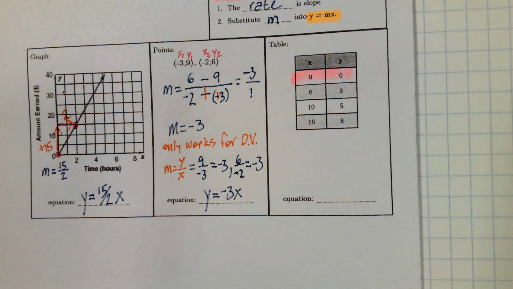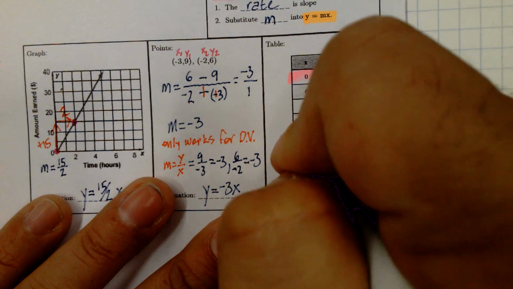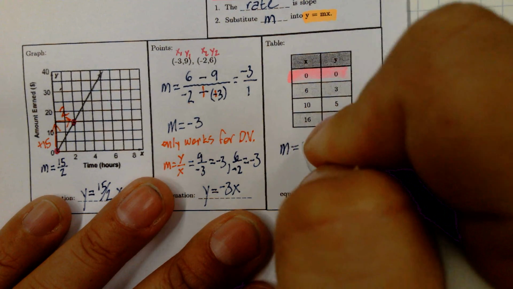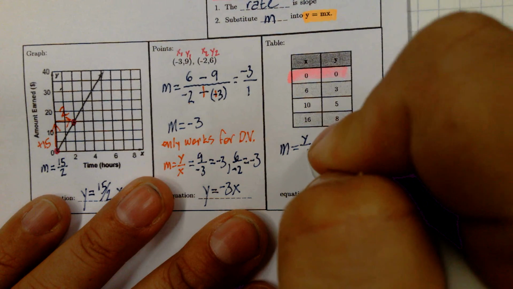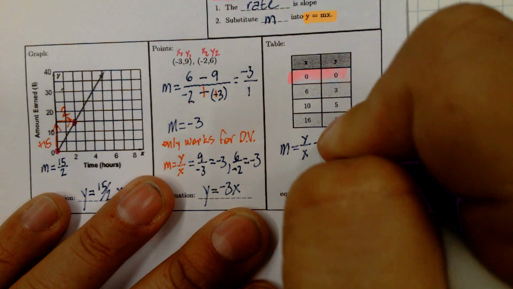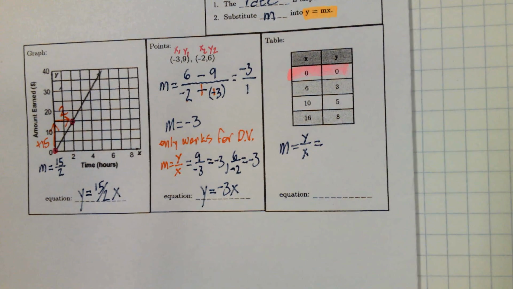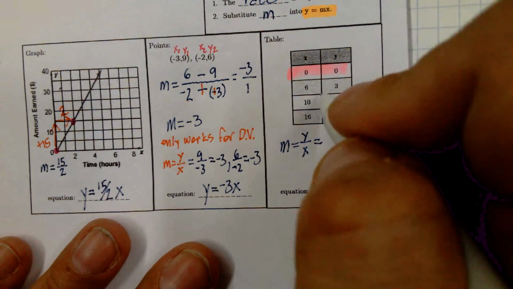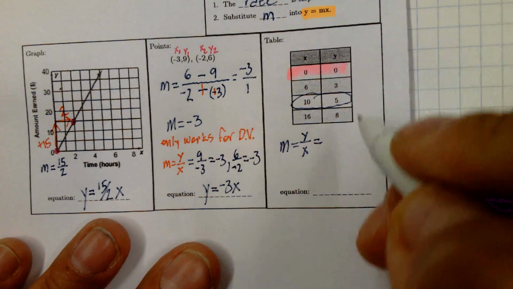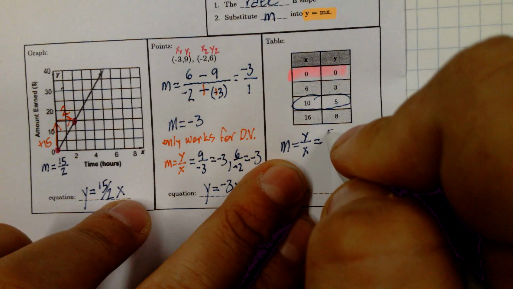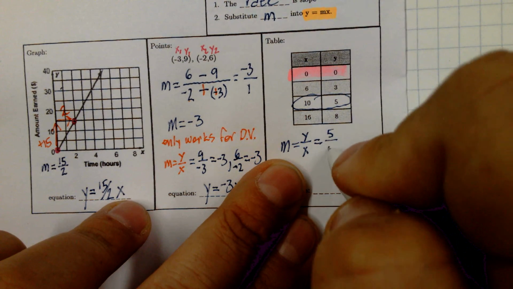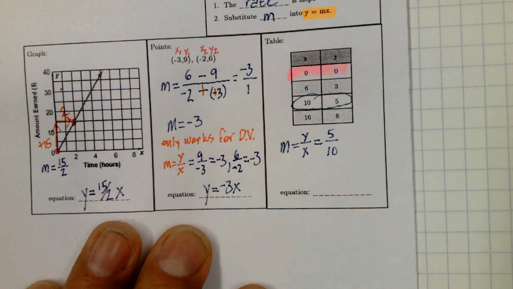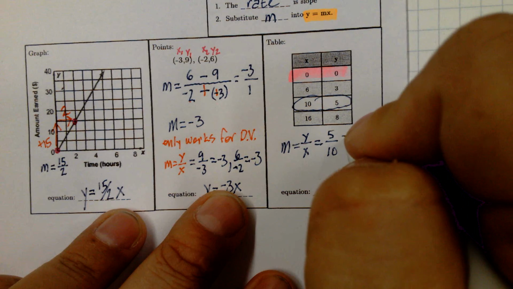So if I need the slope, I do need the slope. I'm just going to do y over x. Pick any one. Which pair do you want to use? Sure. So 5 is my y value. 10 is my x value. Reduce that.